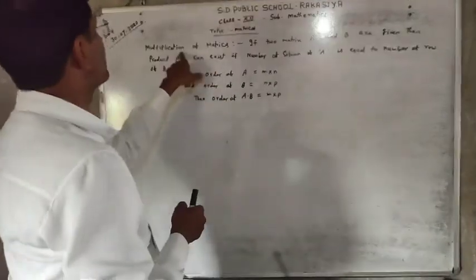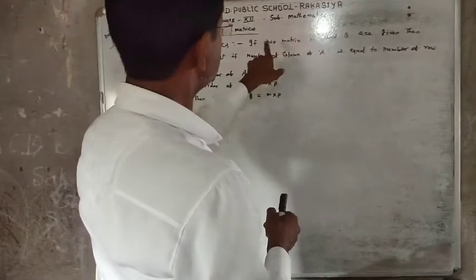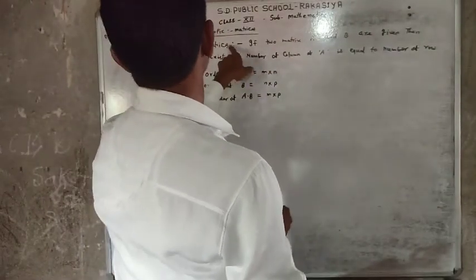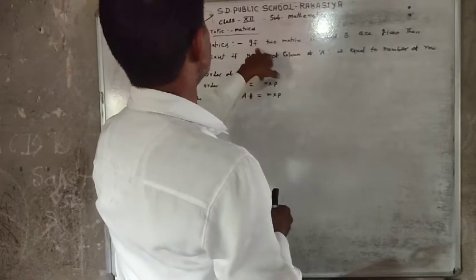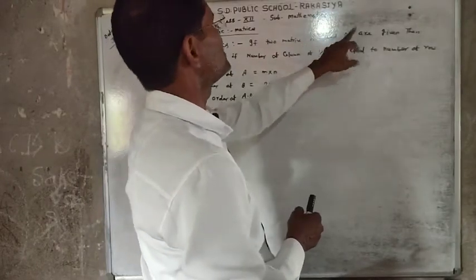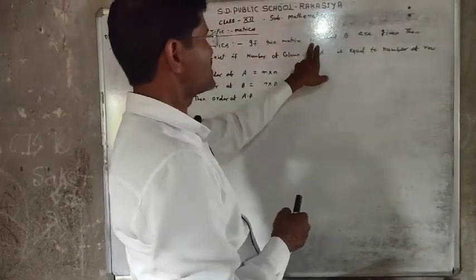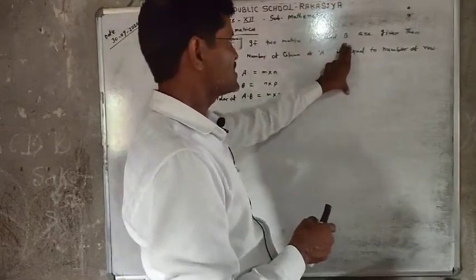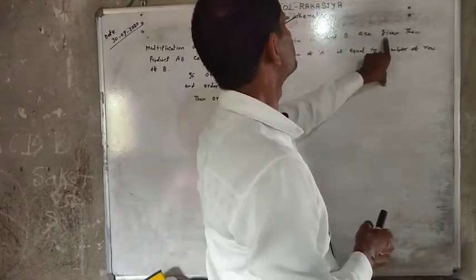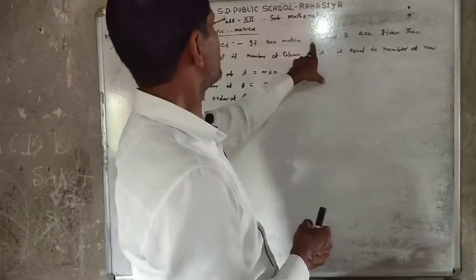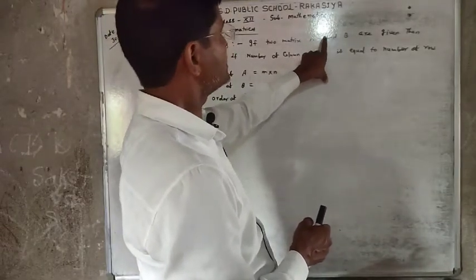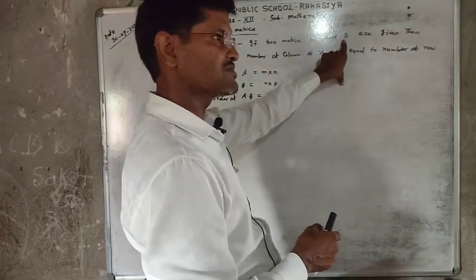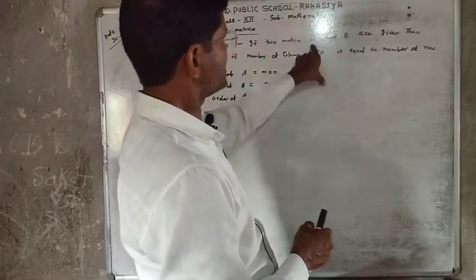Such that if two matrices A and B are given, suppose that A and B are two matrices and the number of columns of matrix A is equal to the number of rows of matrix B, then AB can exist.